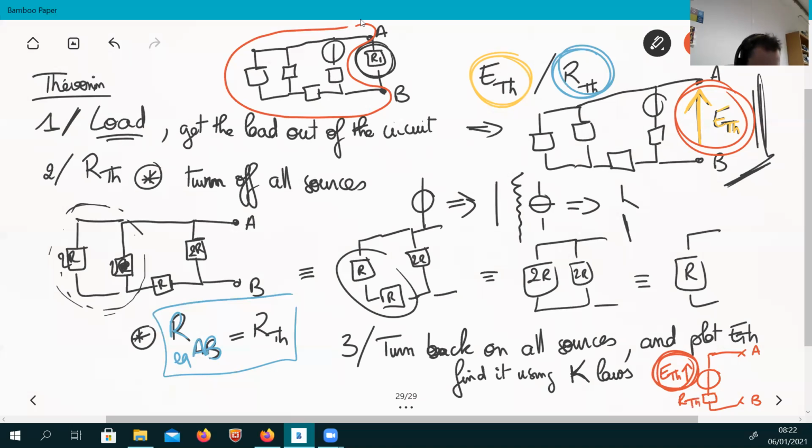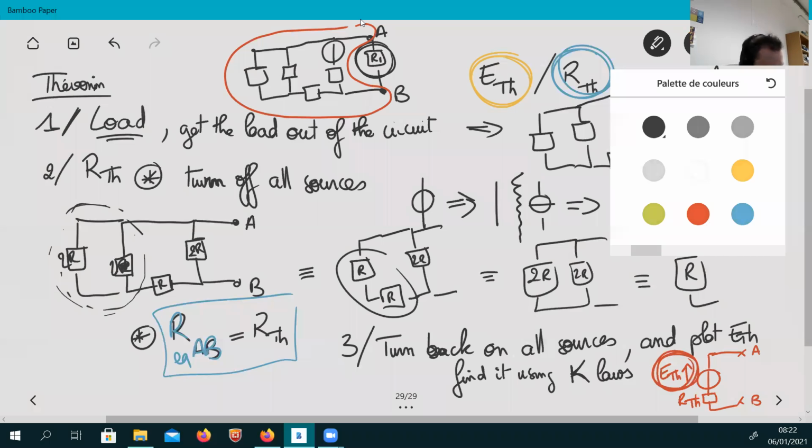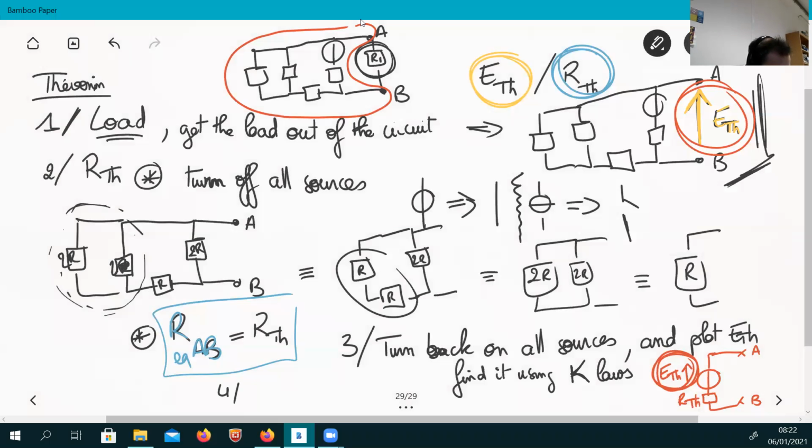That's it. Of course, at this stage, if needed, don't forget the load if you need it back, because you are applying Thevenin model only on part of a circuit and not on everything here in this case.